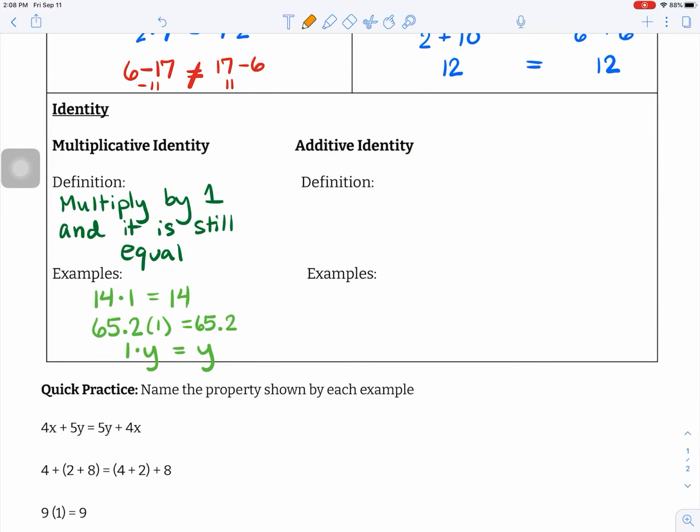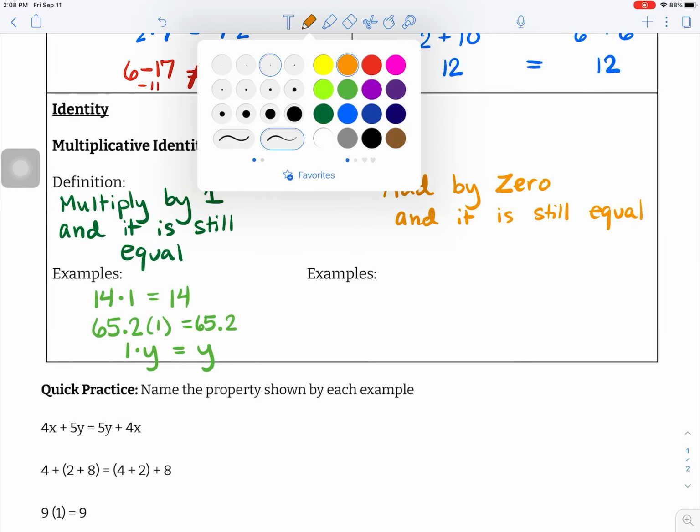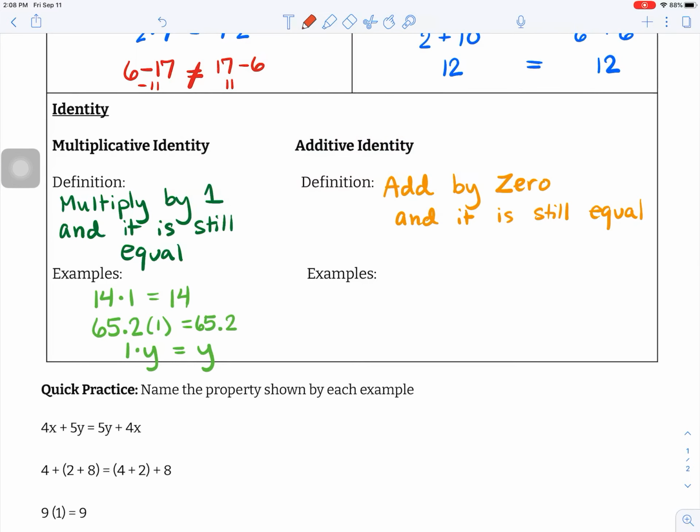Okay, so last but certainly not least is the additive identity. And that means that if we add anything to 0, it's still going to be equal. Add anything to 0, and it is still going to be equal.